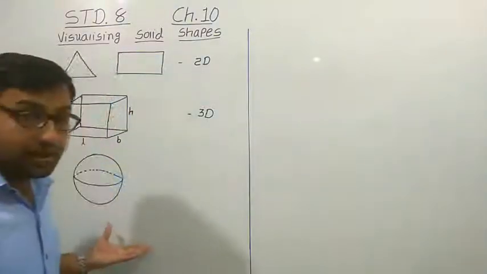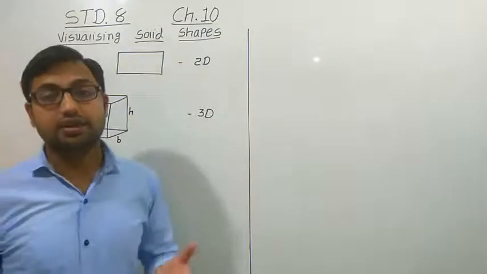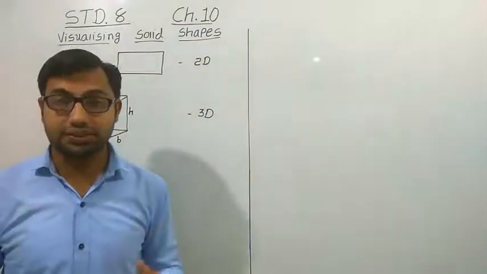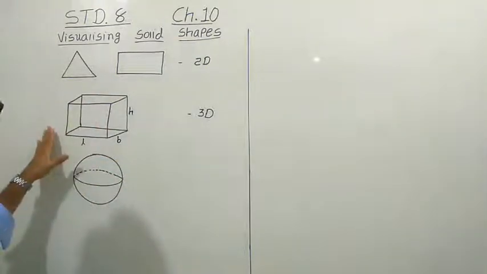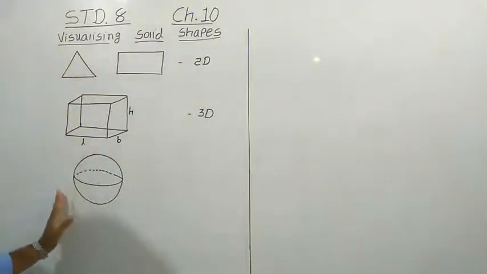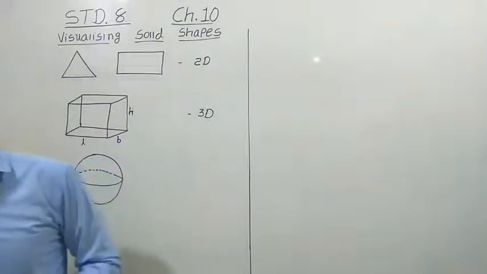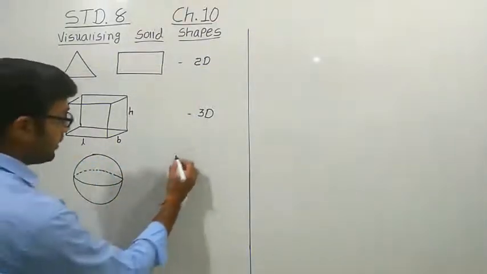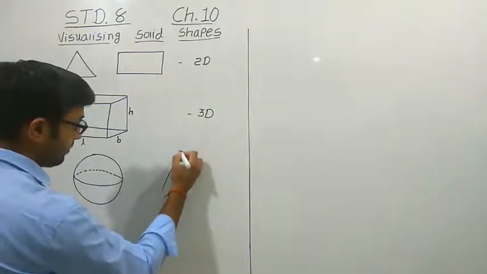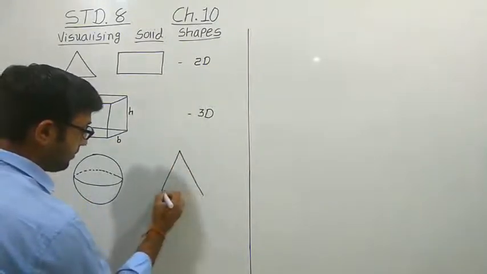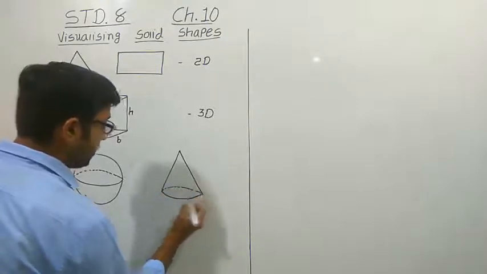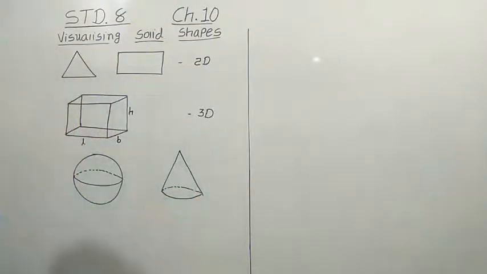That is a sphere, and that is a solid shape, because it occupies space. So cube, cuboid, sphere. Again one another shape is there, this kind of shape, that is a cone, right? This is also a 3D shape.